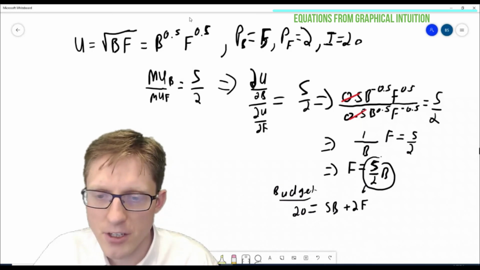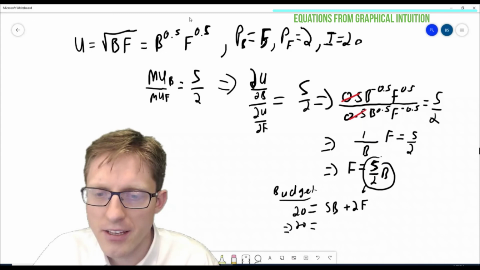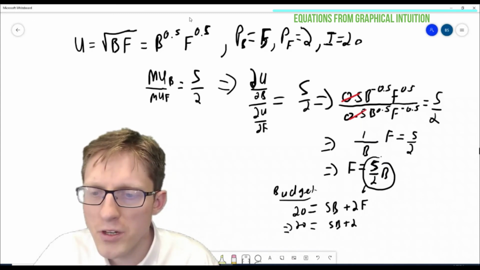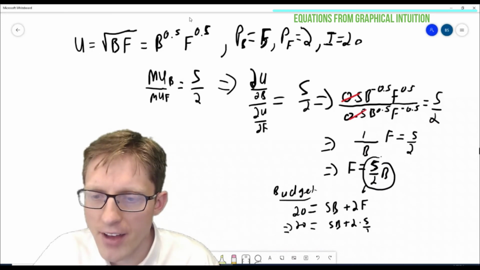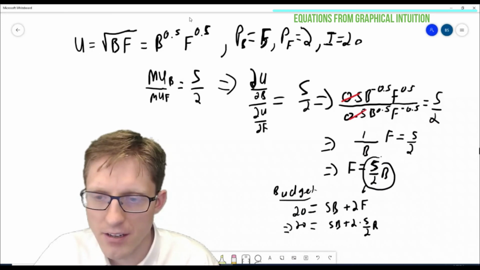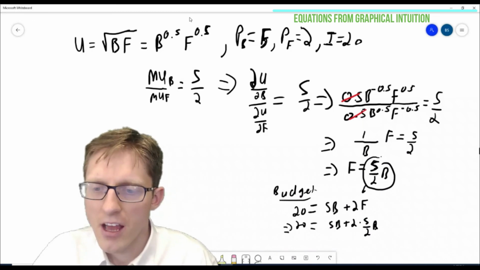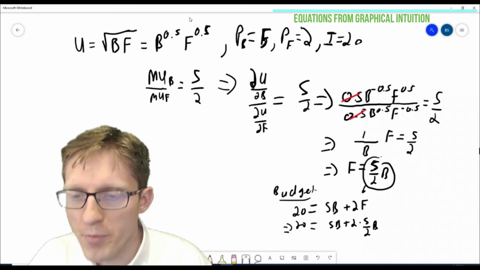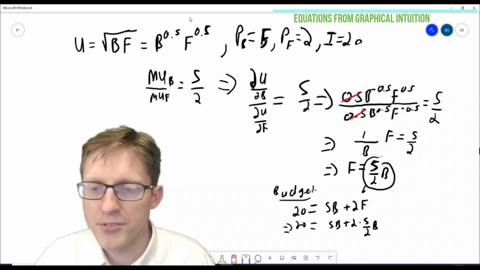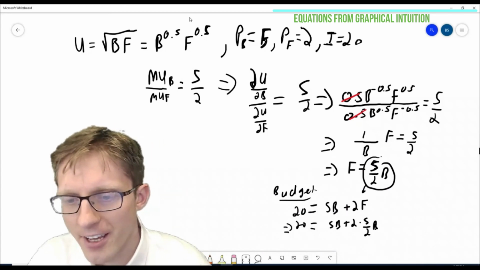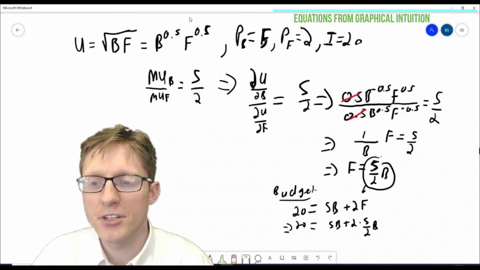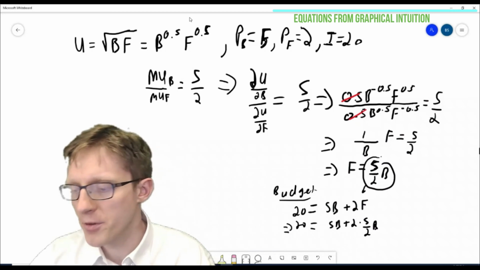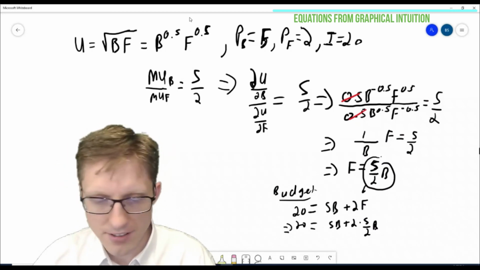That gives us 20 is equal to 5B plus 2 times 5/2 B. We just plugged in for F. And now we have an equation that just depends on one variable, B. We can just solve for B. And if you go through the same steps, you would find that B is equal to 2, F is equal to 5. You should get all the same solutions no matter which optimization method you use. Okay, so that's the second method.